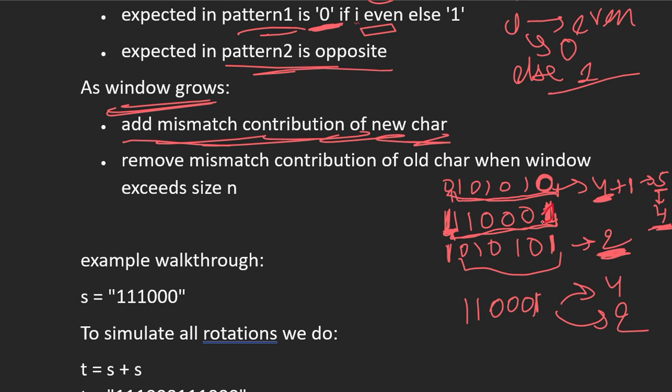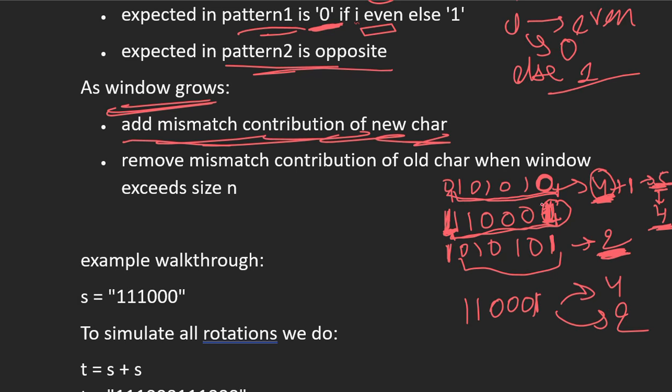So we have added a new character, so first we'll check whether this character is a mismatch or not in both the patterns, and increase our mismatch count accordingly. So here 0 and 1 was a mismatch, so we make the earlier count 4 to 5, right? And here it is a match, so we haven't changed the count.